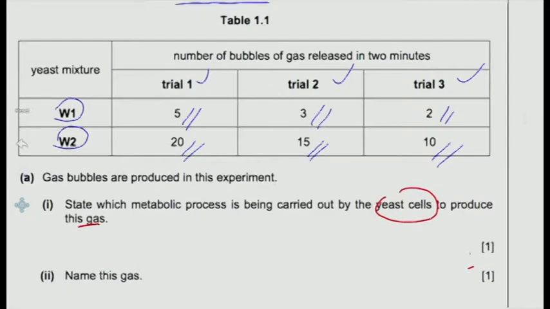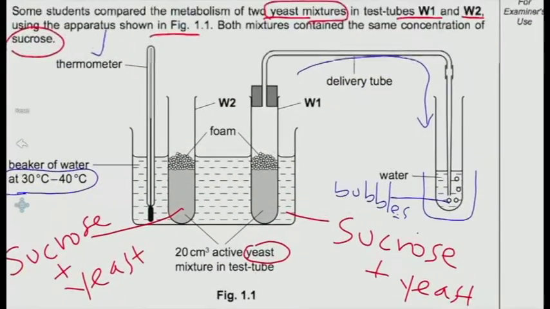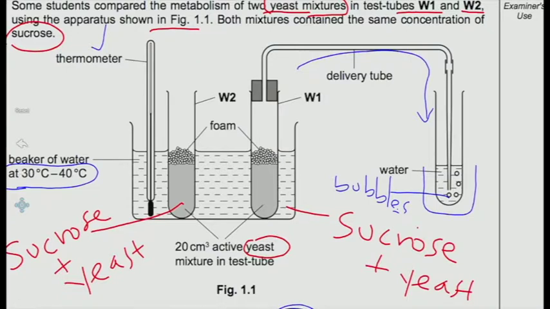Let's go back to our figure and see what exactly is happening there. We have yeast on sucrose, the sugar. What's likely to happen there?